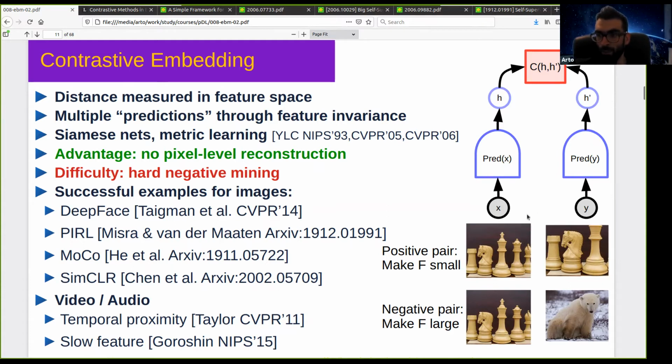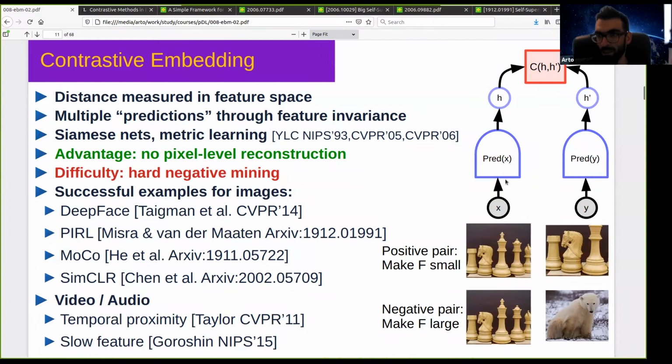So we have X and Y, and in this case, X is the original image shown here, and Y can be either an augmented version of the original image or an entirely different image, right?